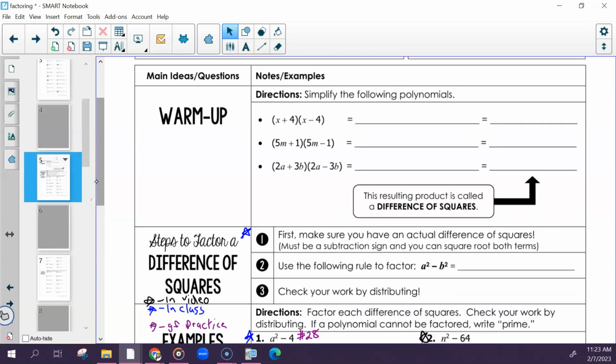Alright, so just like when we did GCF, we're going to do this warm-up so you can see kind of what we are looking for, what we start with.